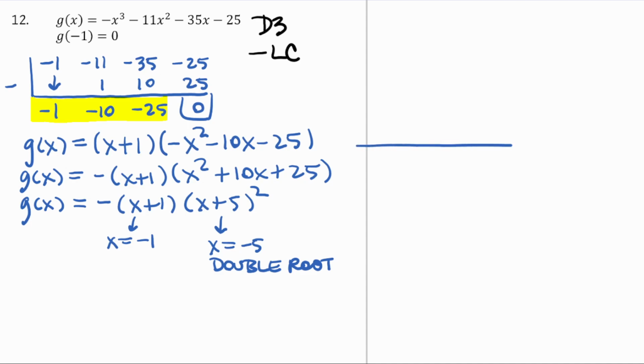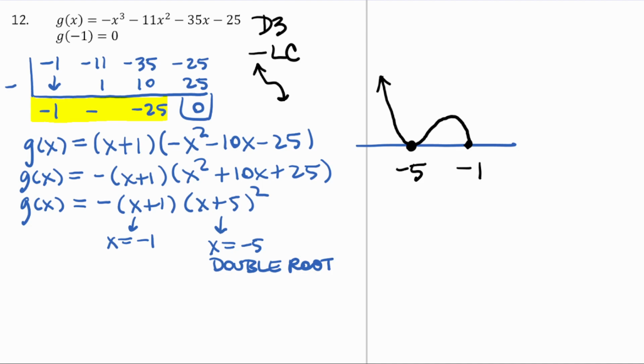And draw my x-axis here. Label my zeros, negative 1 and negative 5. Okay, degree 3, negative leading coefficient, looks like negative x cubed. And so x equals negative 5 is a double root, so I'm going to bounce here and then pass through at x equals negative 1 with confidence.